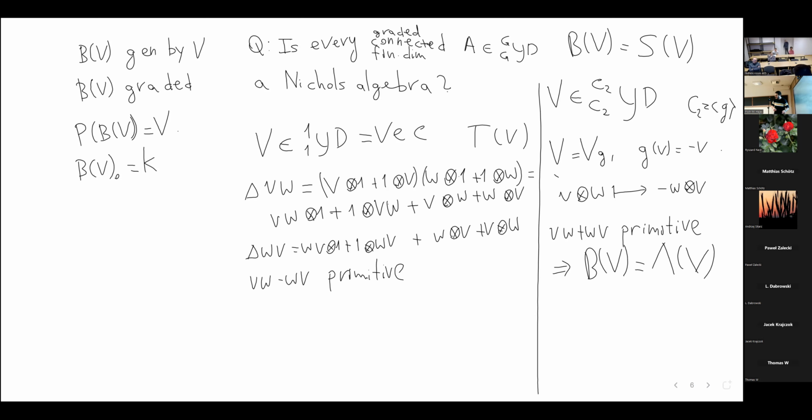Okay. So here is one example. In both these cases, all of the relations that I have were in degree 2, right? Like VW plus WV or VW minus WV. Let's see one more example. So I take V to be a span of v. Okay, so just a single element. I mean, this will be now in C_n Yetter-Drinfeld. Again, C_n is cyclic of order n, generated by some element G. And again, V is just V_g.